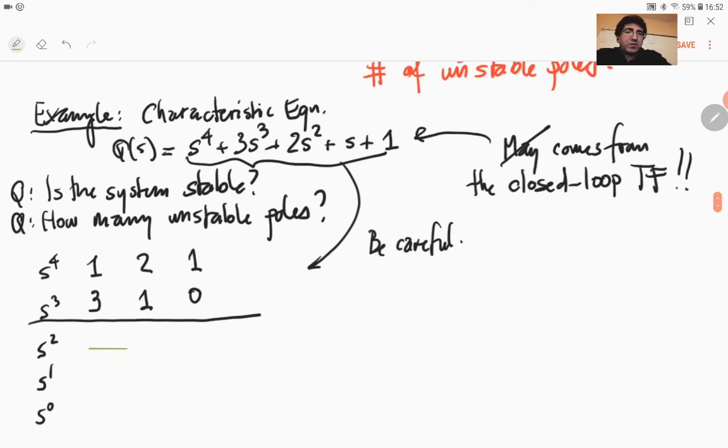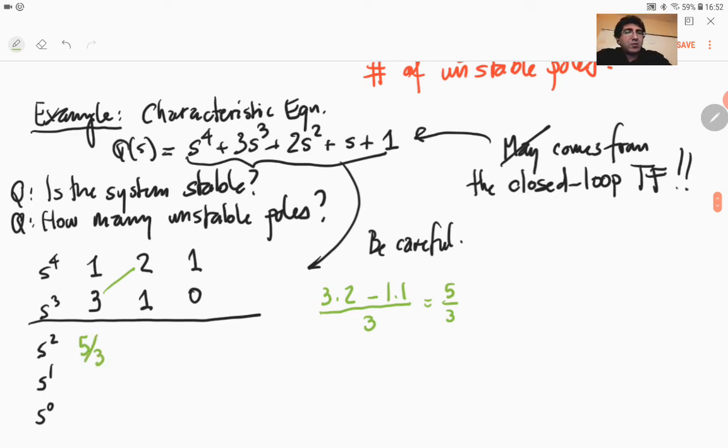Over here, what I will have is 3 times 2 minus 1 times 1 divided by 3. So this is going to be 6 minus 1, 5, so it's going to be 5 over 3. Okay, so this is the coefficient over here.